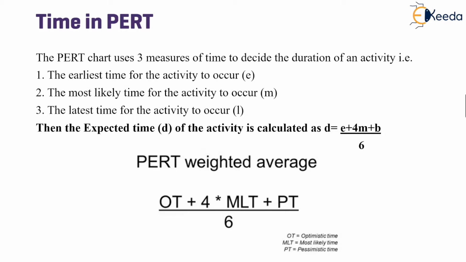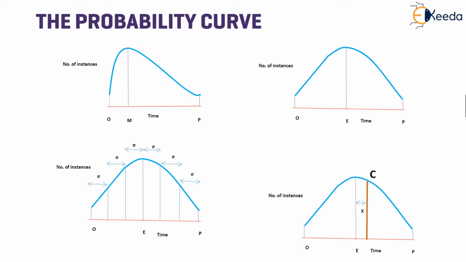The formula for this, and it is very important, is optimistic time plus 4 times the most likely time plus pessimistic time, divided by 6. This formula will be frequently used to calculate the expected duration of an activity in further slides.